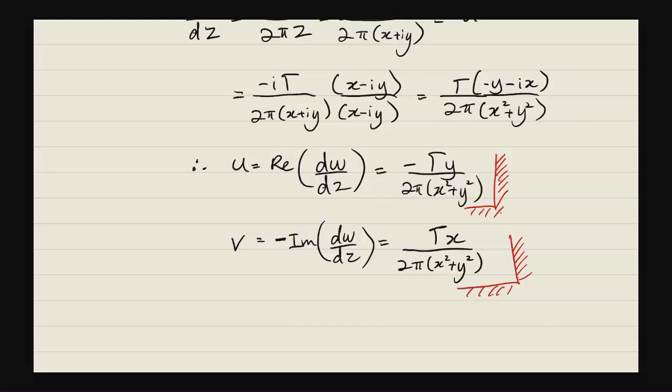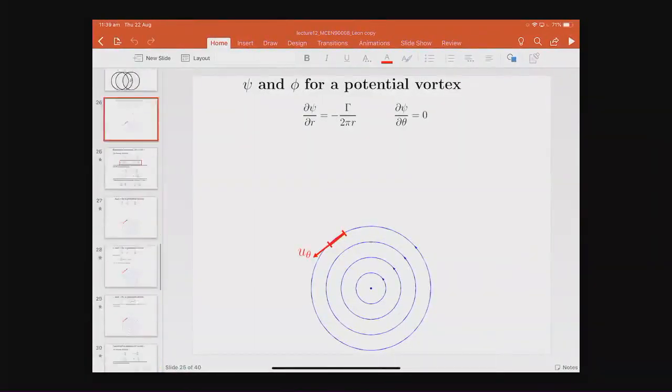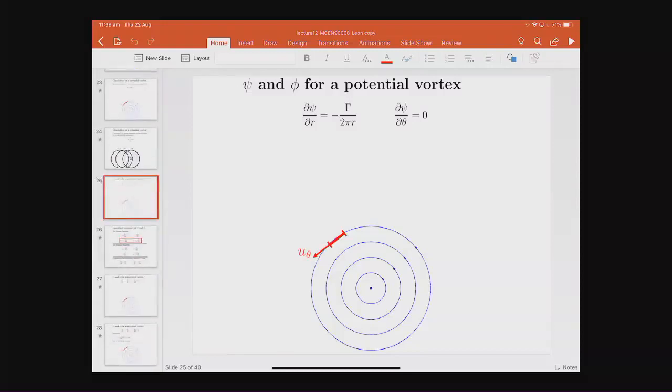I know the tutorials are a bit short and you can't cover all the materials during the tutorials, so please try and do the rest on your own at home. There's only so much time that we can help you in the tutorials. But this is basically how you find your velocities for a potential function, for a potential vortex.